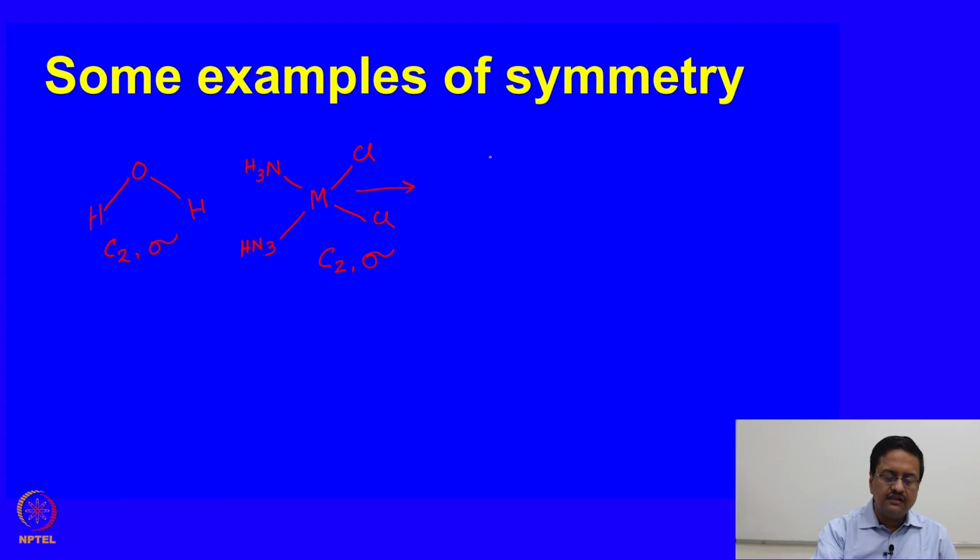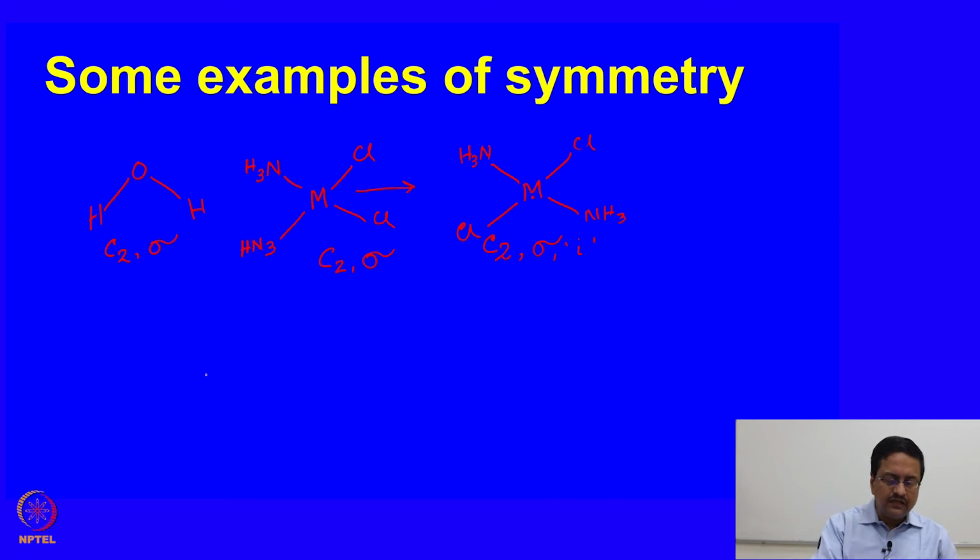There may be a molecule like this where you have a metal bonded to two chlorines as trans and two ammonia as trans. This molecule has a different symmetry. What we have here is a two-fold axis, that is a C2 axis, a sigma plane, and the inversion center i located at the center of the metal ion.